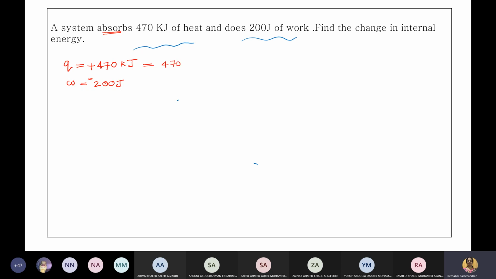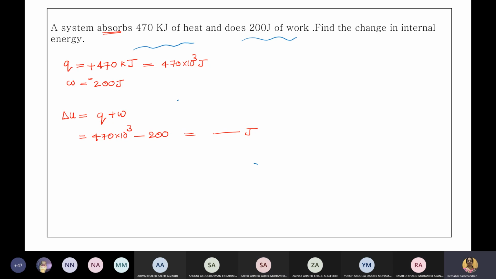So it's 470 times 10 to the power 3 joules. Delta U is equal to Q plus W, that is 470 times 10 to the power 3 minus 200, so you will get so and so joule. Is it okay?